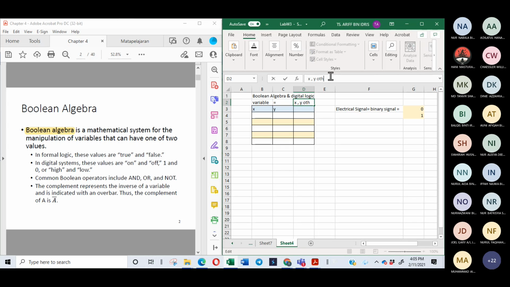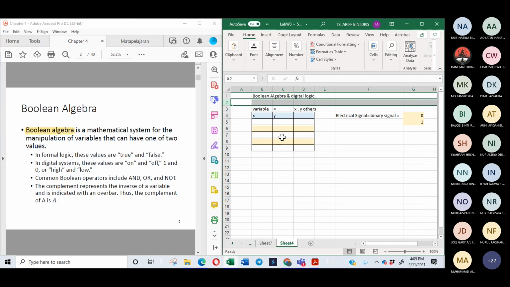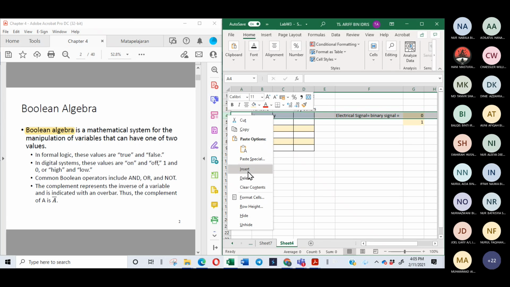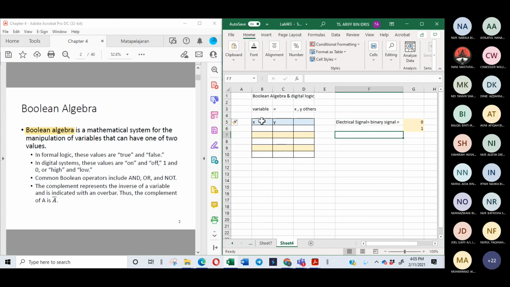So for the time being, we have only two variables, which are x and y. You may copy this basic concept first: the Boolean algebra and the variables.